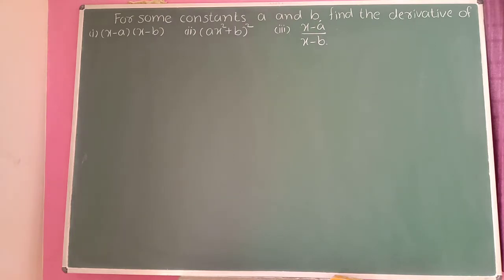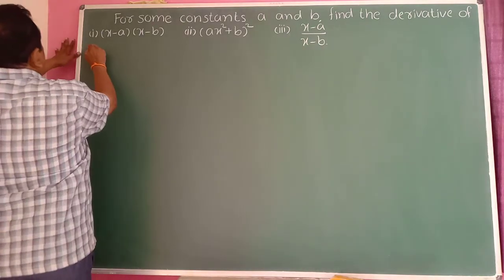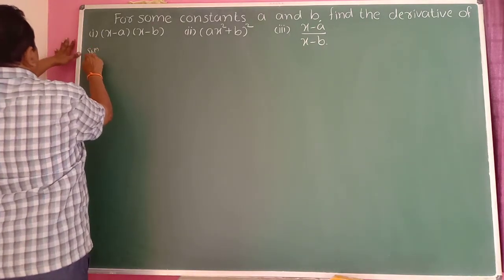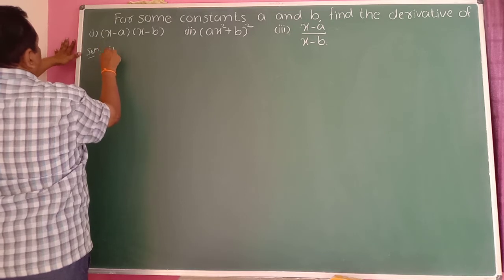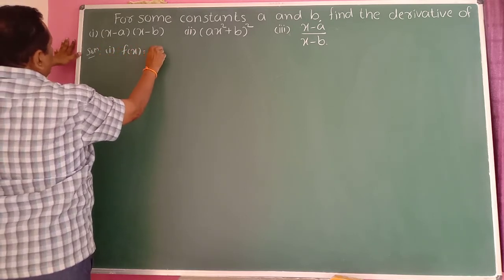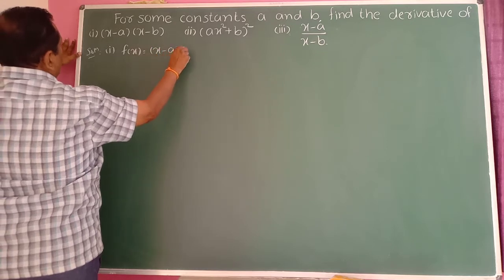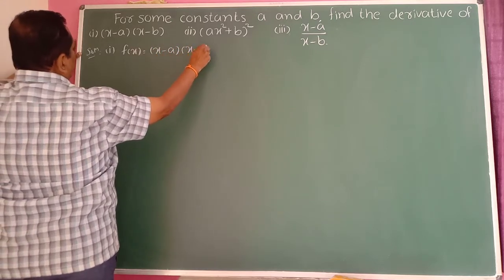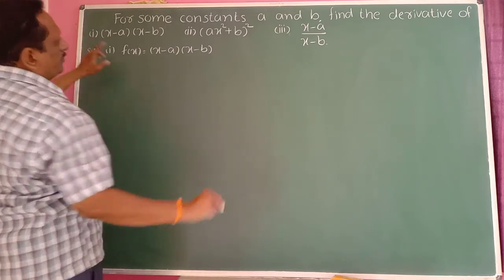So for some constants a and b, find the derivative of the following. Three examples are there. Take care of the first one. So the first one is, consider the given function as f of x equal to x minus a into x minus b. Here is a product formula.